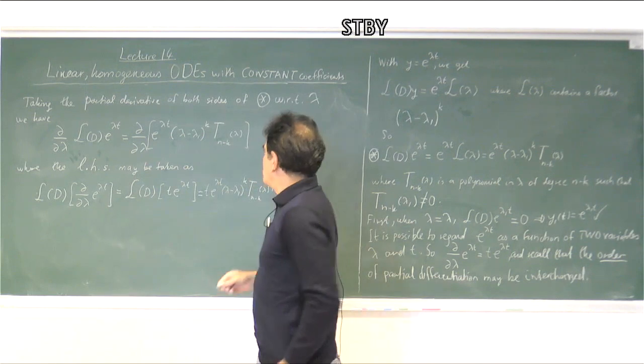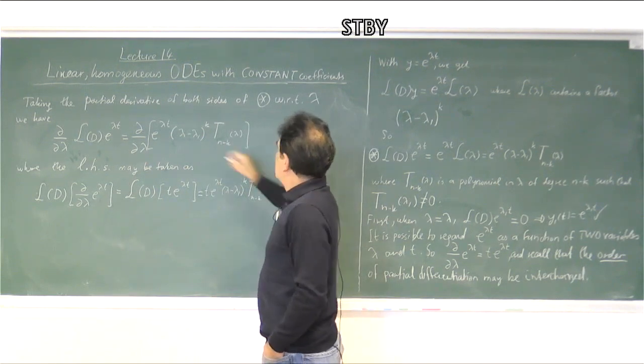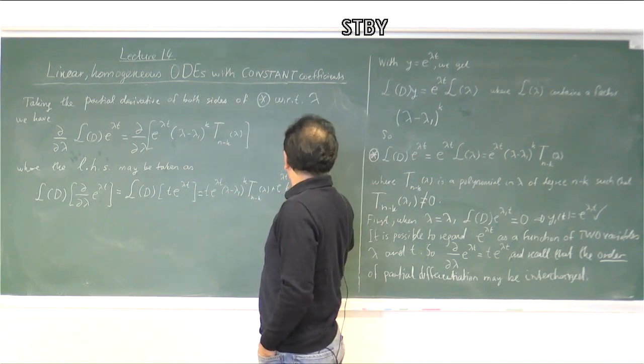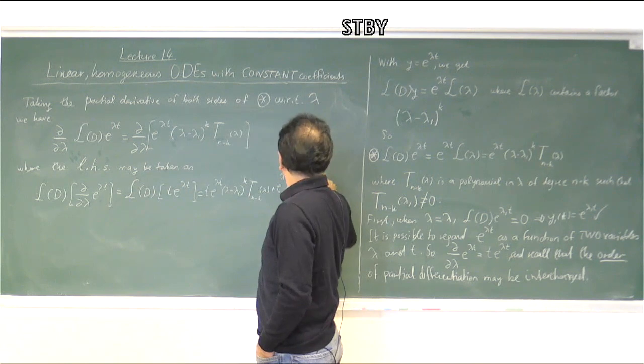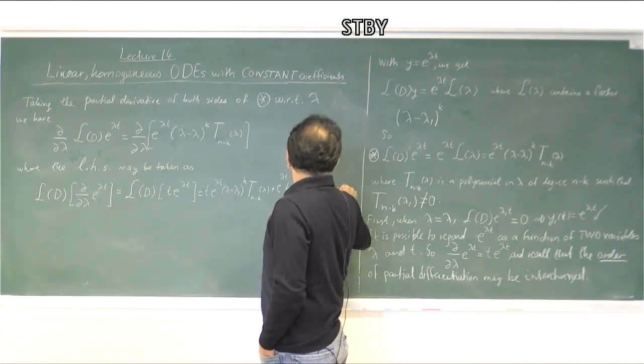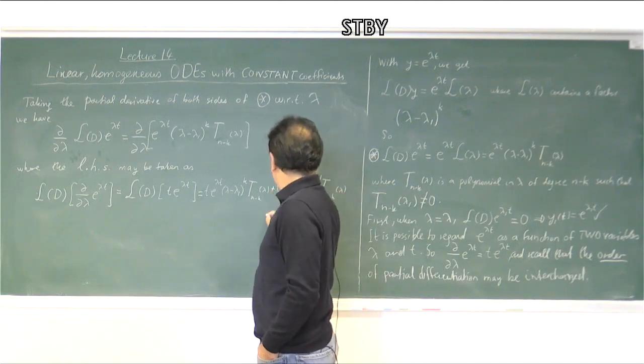product rule of differentiation, we have e to the power lambda t, k times (lambda minus lambda 1) to the power k minus 1, times t_{n-k} of lambda, plus there is one more term.